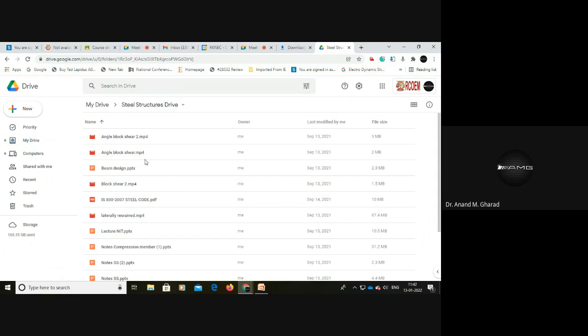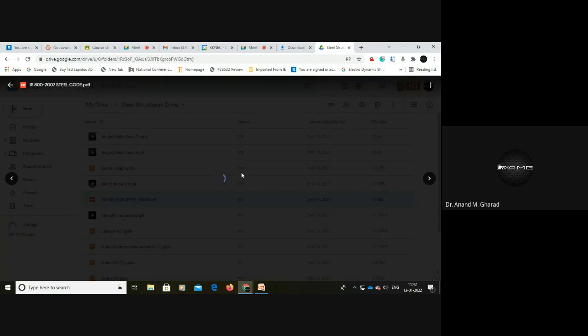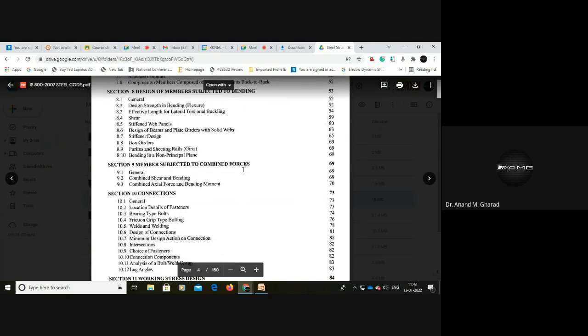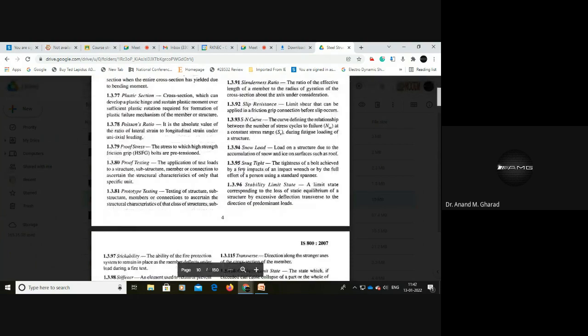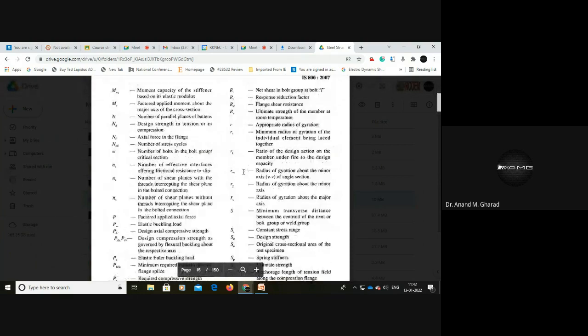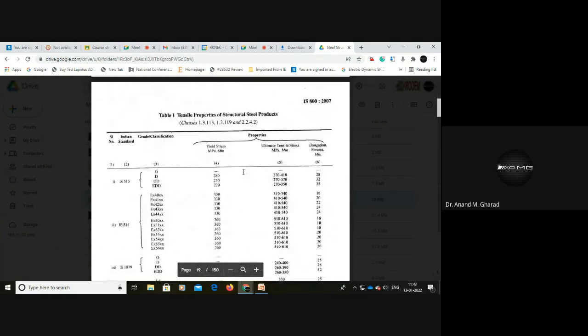In the IS code, you will see your table 1, page number 14, rather 13. Table number 1, the tensile properties of the structural steel products. Over here, can you see for 4.6 grade, do you observe any kind of yield stress value? Only ultimate tensile stress value is given. Yield stress value is not given.